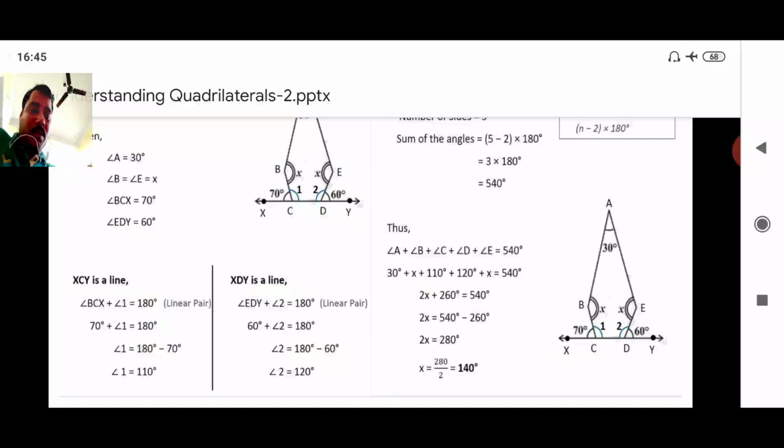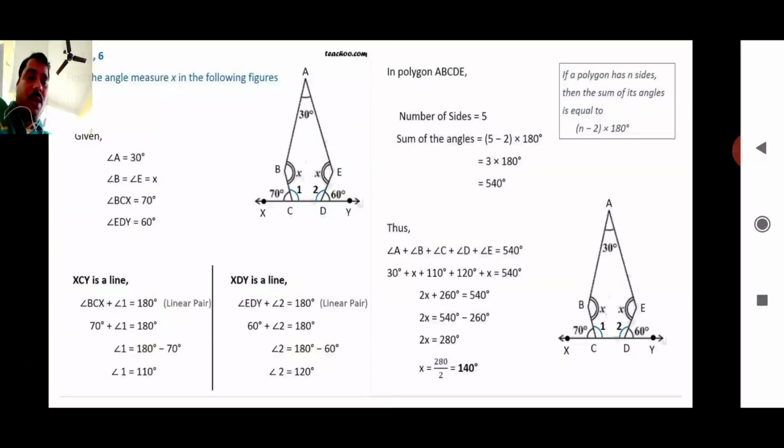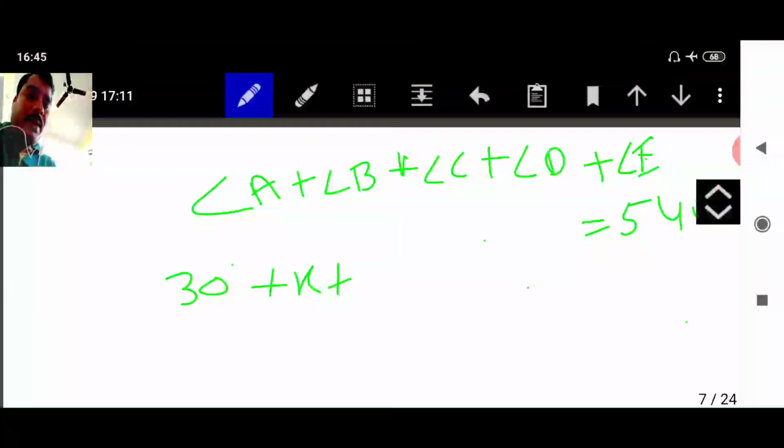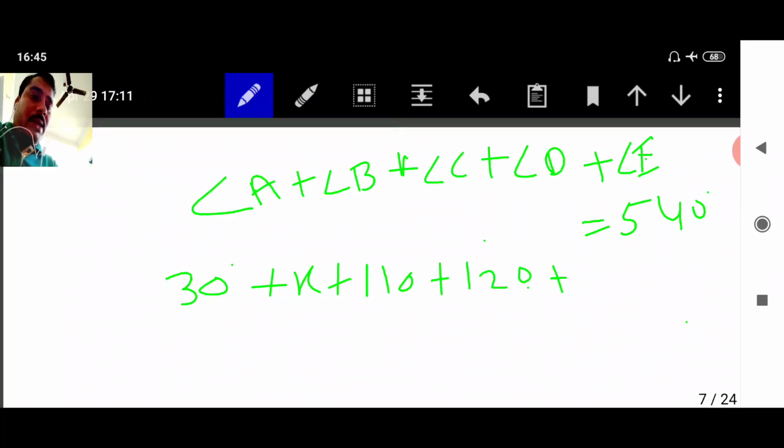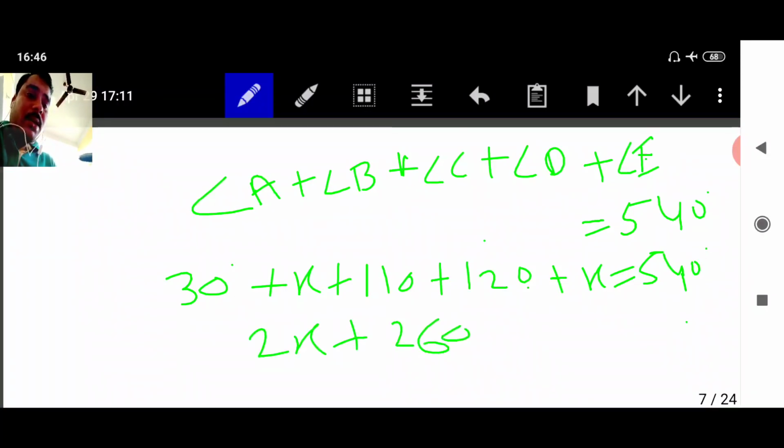You can get angle C equals 110, plus 120, equals 540. Okay, 30 plus 110 plus 120: 110 and 120 make 230, plus 30 is 260, so 2x plus 260 equals 540.